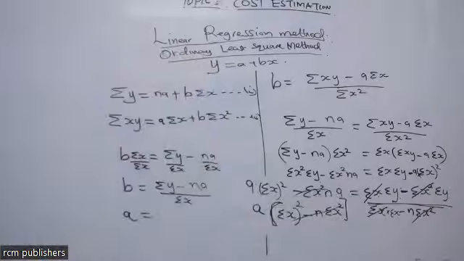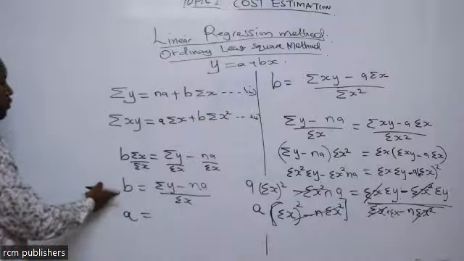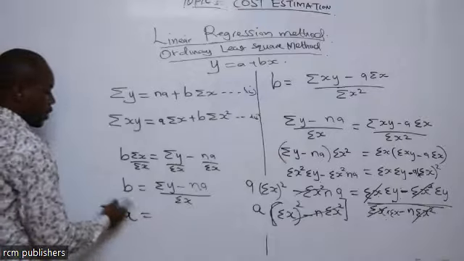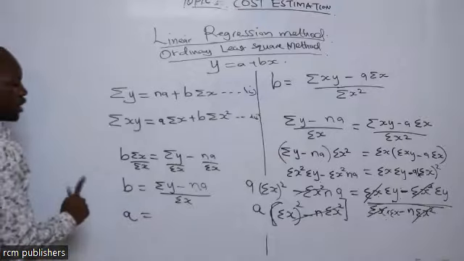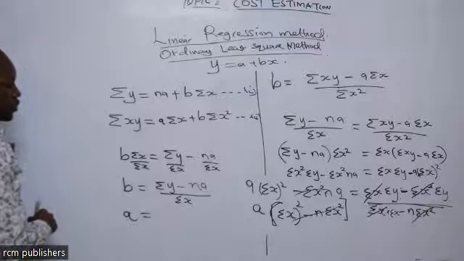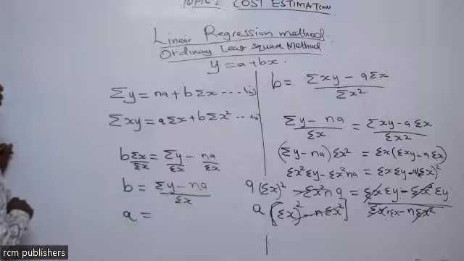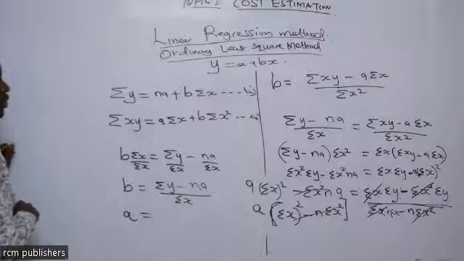Sorry. If we now go the A way, we want to eliminate A. We want to get A first. What are we going to do?